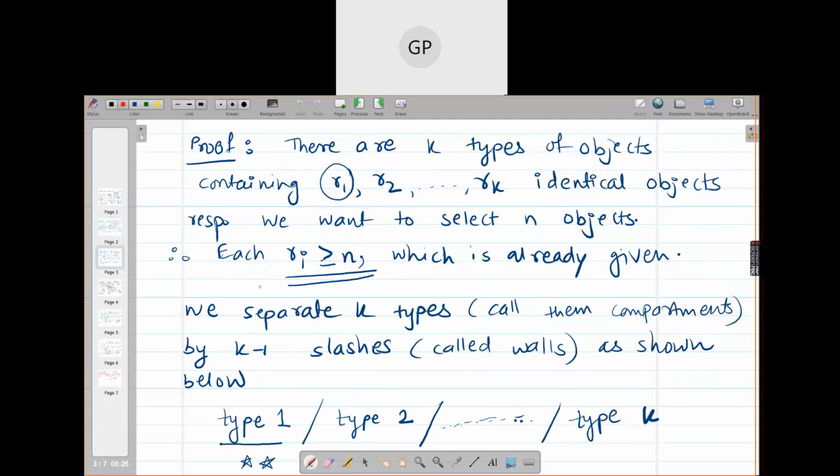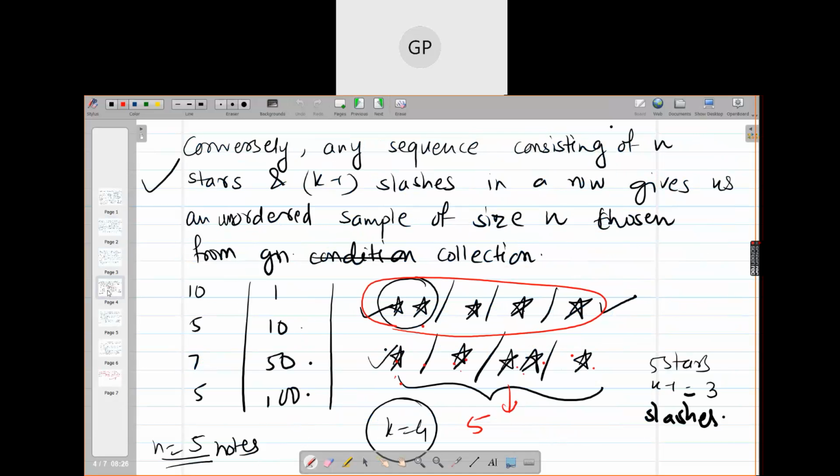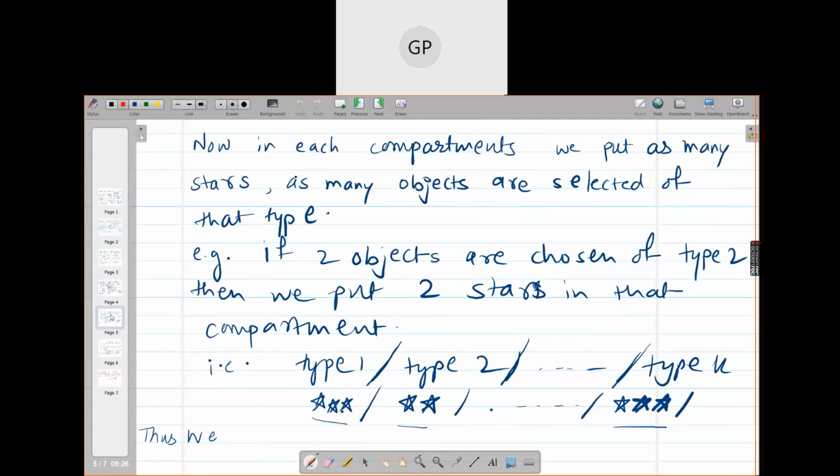Now what we are doing here is separating the k types by k minus 1 slashes: type 1, type 2, and so on, type k. Then we put stars. The number of objects we choose, that many stars we put in each compartment.